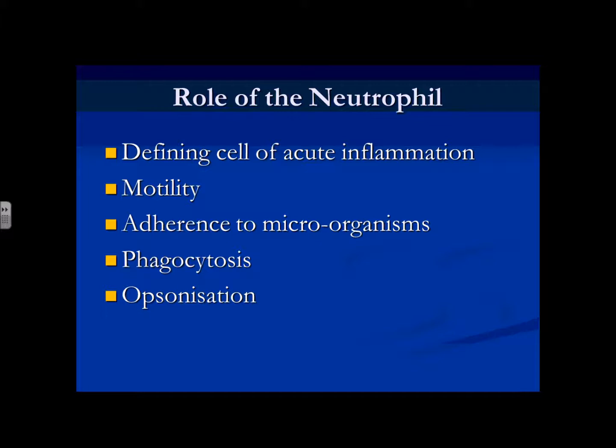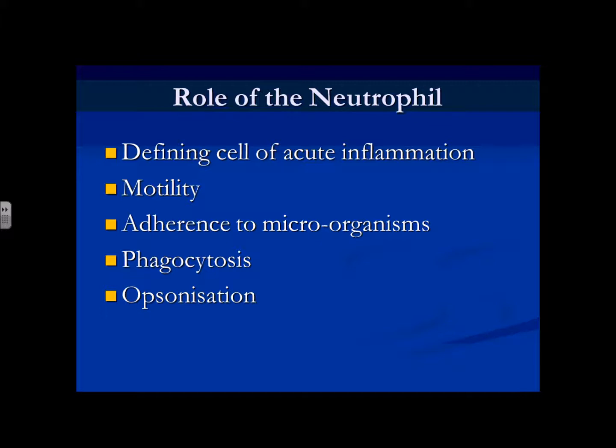They are also responsible for a process called opsonization. Because the neutrophils themselves are quite small, compared to things like macrophages, they're not very good at getting rid of larger organisms or larger stimuli. So they recognise that it's too big to deal with themselves, but what they will do is coat the membrane of whatever the stimuli is with proteins, which will help other larger cells recognise them for destruction.